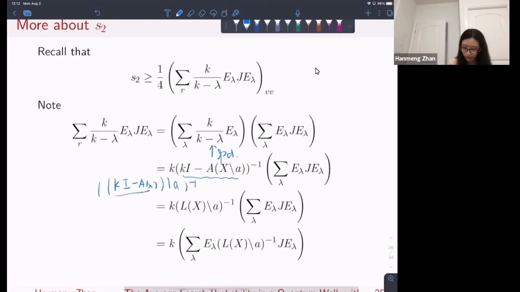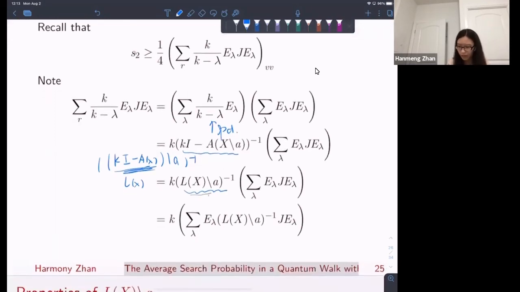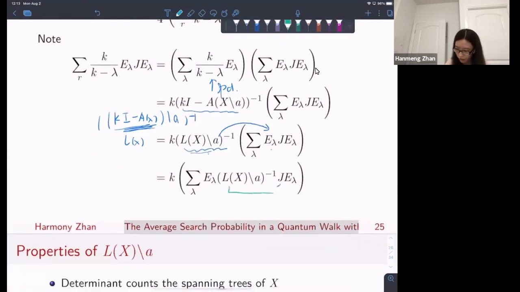And that term is exactly the Laplacian matrix of X. So what we are really looking at is the inverse of a submatrix of the Laplacian. Clearly this commutes with its own projections, so I can push it into the second bracket until it hits J. So now my question is, what are the entries of this matrix?